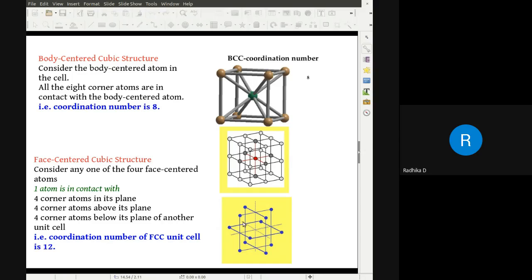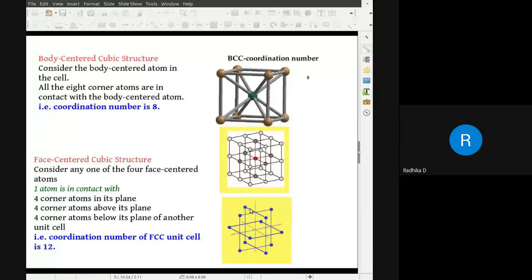So there are 4 in the same plane. Basically it is like I've taken a piece of paper and I considered one atom, and in the same paper how many atoms are there close by. There are 4 in the same plane.